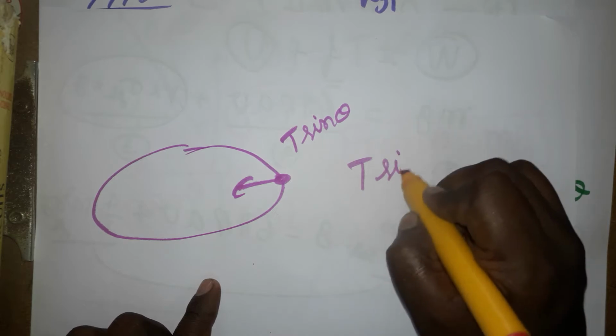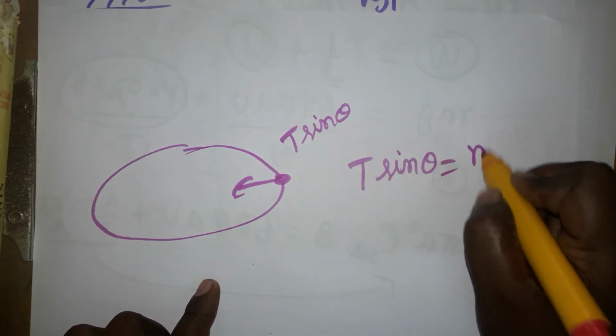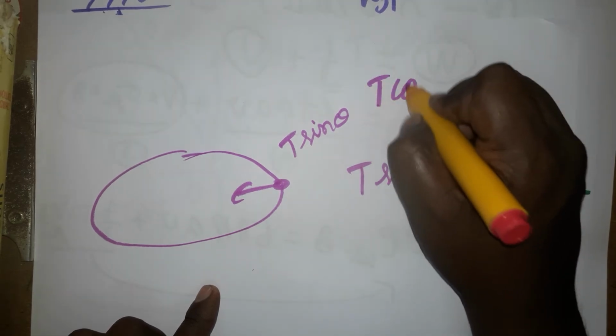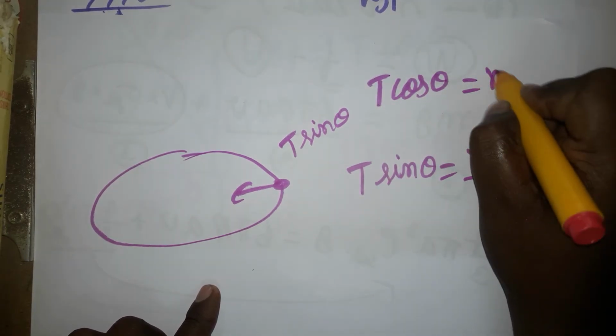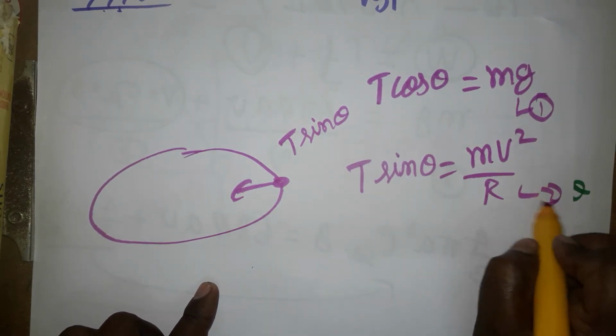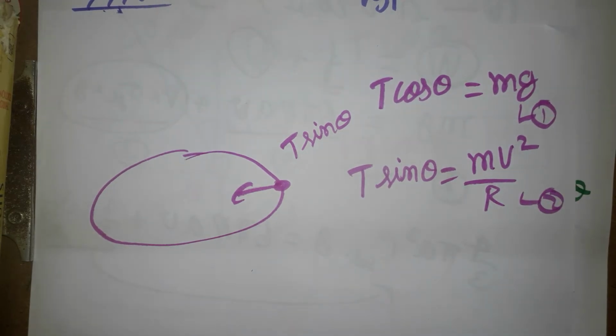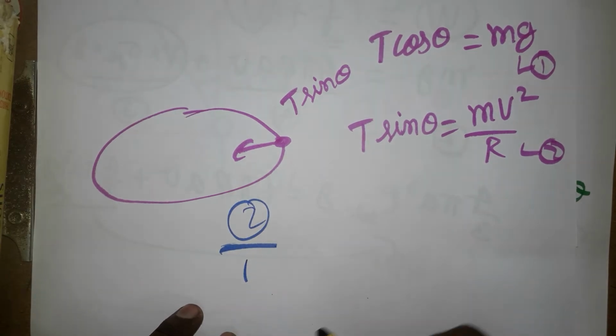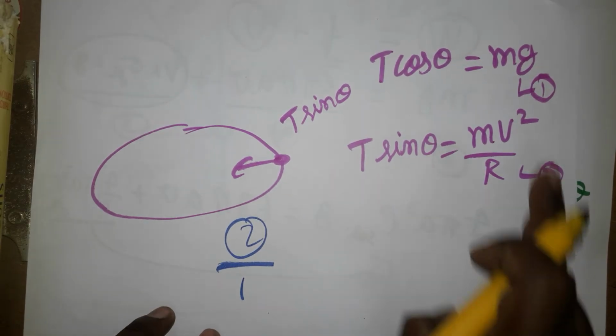So T sin theta is equal to the centripetal force mv squared divided by r. Already we found T cos theta is equal to mg. Equation 1, equation 2. Both equations are very simple. Now I am going to divide the equations: equation 2 divided by equation 1. You may ask why 2 by 1?